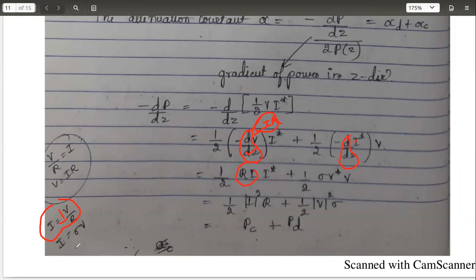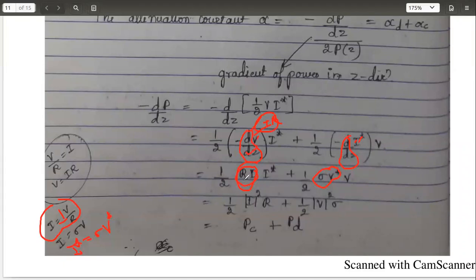If I is equal to this, then what will be I star? Take the conjugate on both sides. Sigma is constant, V star. So directly, instead of V and instead of I star, I have taken IR and sigma V star. Okay. So neglecting this change because the change is very little, considering that, directly I have taken the values.